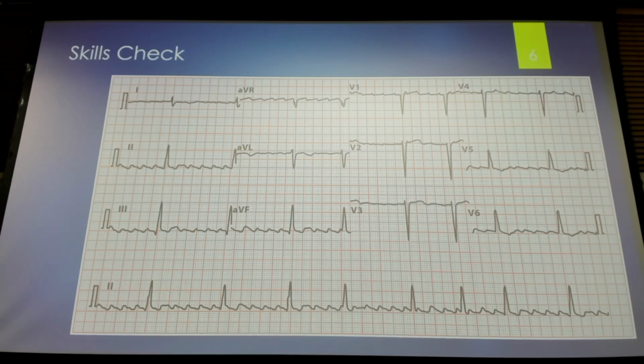So they look like nice, kind of, U waves, you might say. What we call these are flutter waves, right? So we would call this what? Atrial flutter with a variable block. Atrial flutter with a variable block, and that atrial rate is going to be 300 to 400 associated with that.